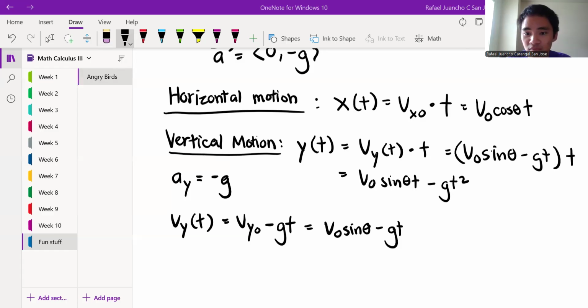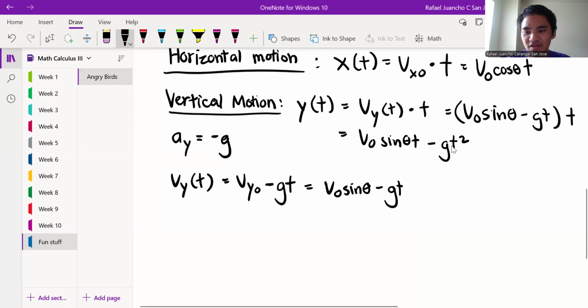Oh, it's calculus. Again, I was confused about where the minus one half came from, but it's actually just calculus.